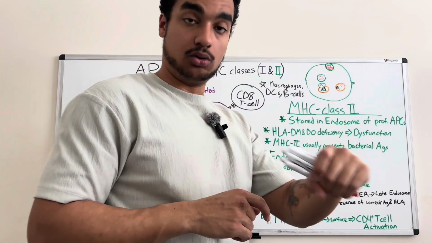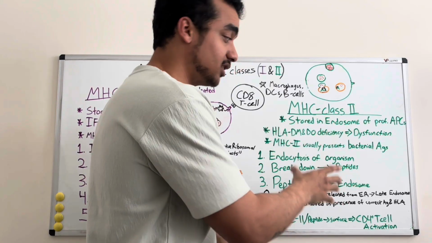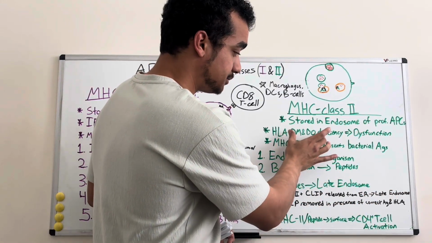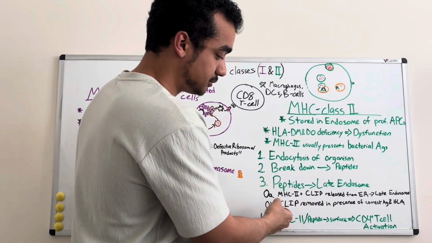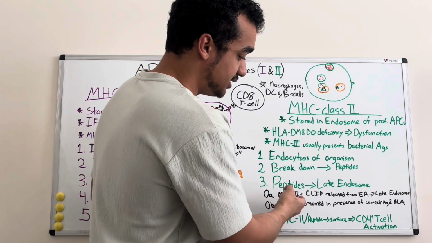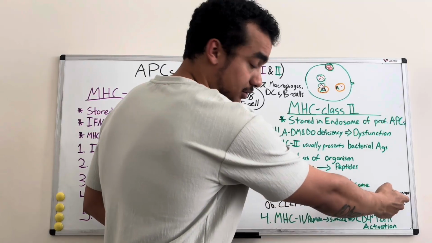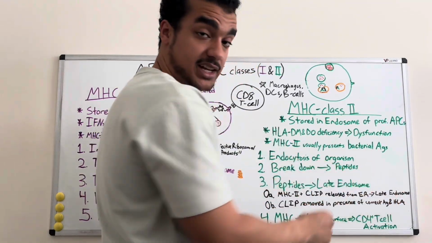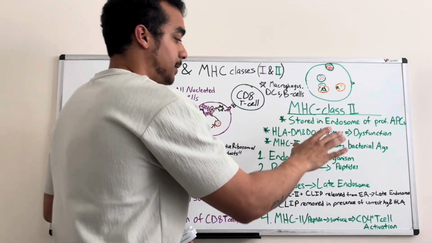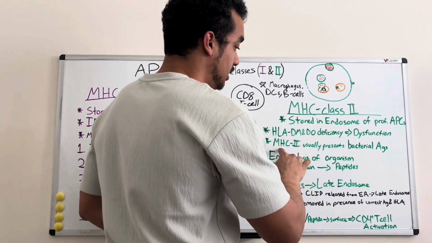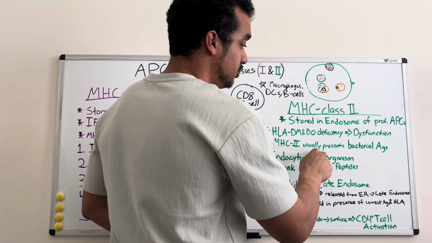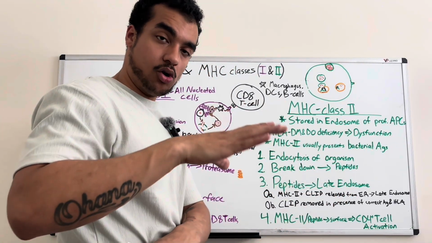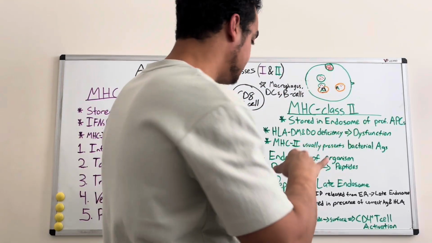It keeps a hold of that binding site, and in the presence of the correct antigen, these molecules will remove CLIP. So MHC2 plus CLIP is released from the ER, travels to the late endosome, and CLIP is removed in the presence of the correct antigen and HLA-DM and DO. Okay. So MHC2 usually presents bacterial antigens. This is usually, not always, but let's keep it going, all right?